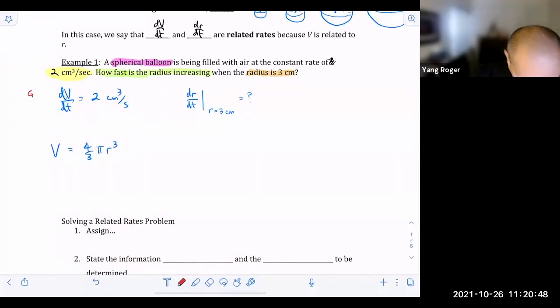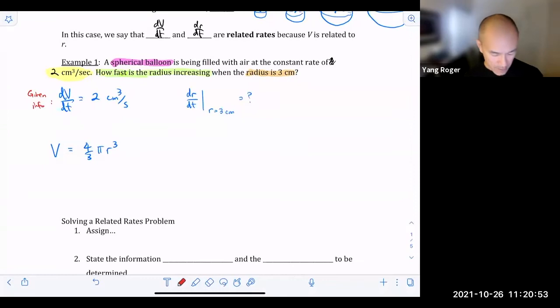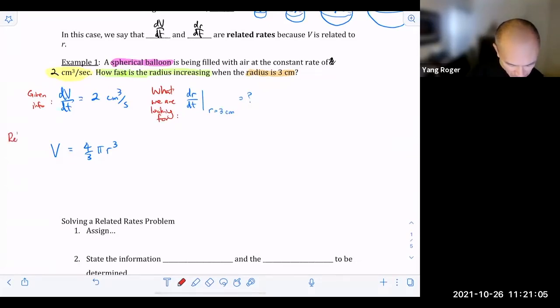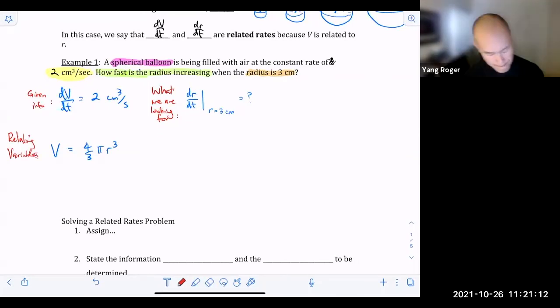So this is the given information, right? This is what we are looking for. And this is relating the variables. I'm trying to sort of describe the process I use to reason this out.